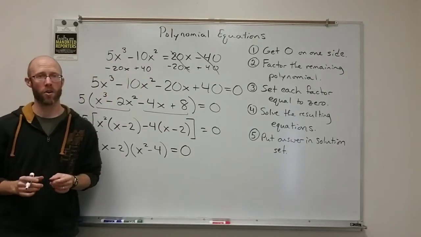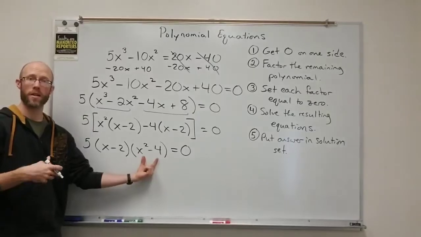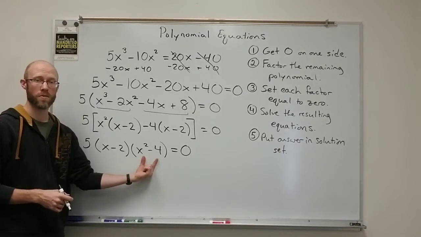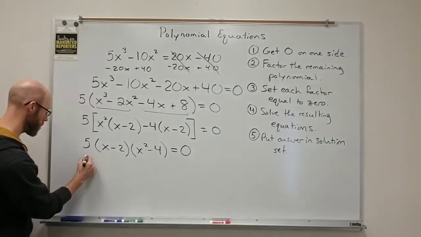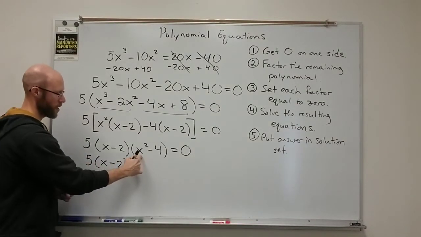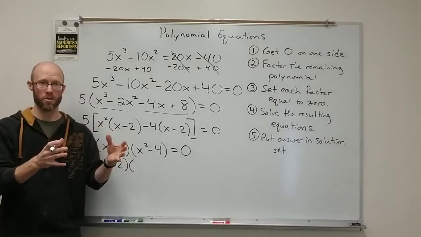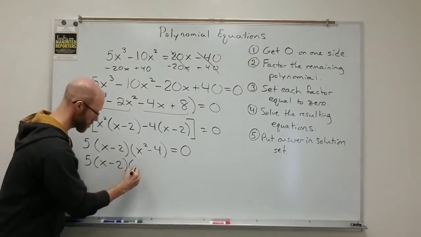Now I'm actually not quite done yet, because the x squared minus 4 is still factorable. It's a difference of squares. So I can continue with this, x minus 2. Then the x squared minus 4, remember, factors into conjugates. There's going to be an x plus 2 and an x minus 2.